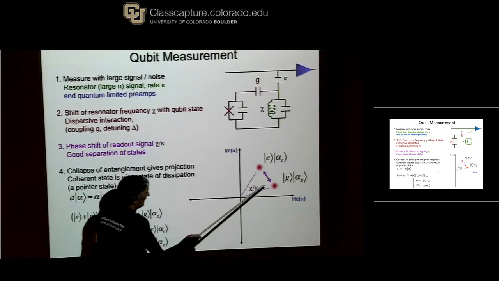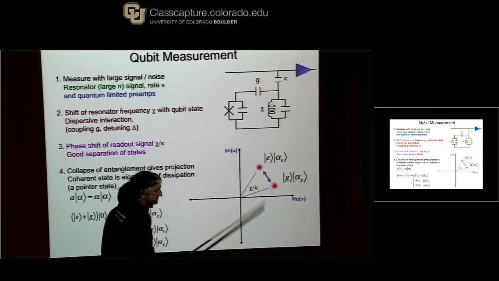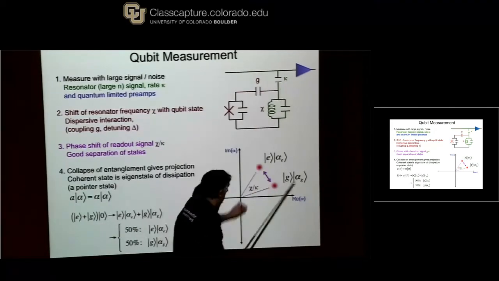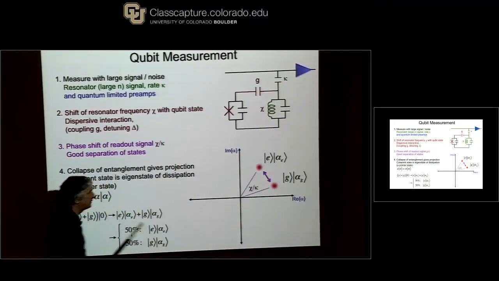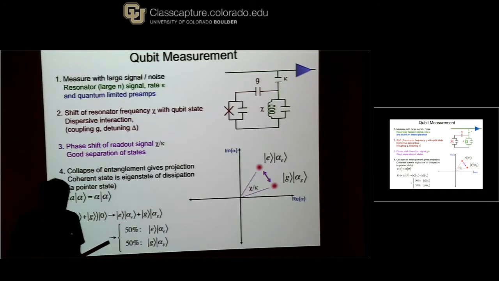A coherent state being both here and here, very much separated by a long distance, is a kind of unstable quantum state, and a small amount of dissipation from the system will cause it to lose its coherence, and then it'll collapse, and then you'll get the measurement. Okay? So that's the basic idea. Questions on this?